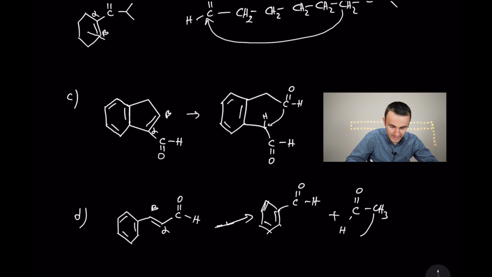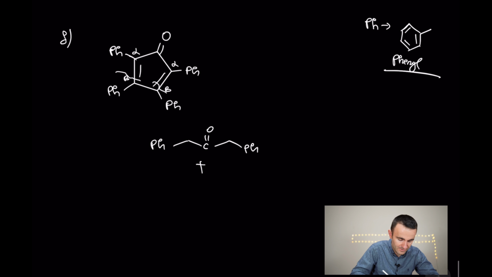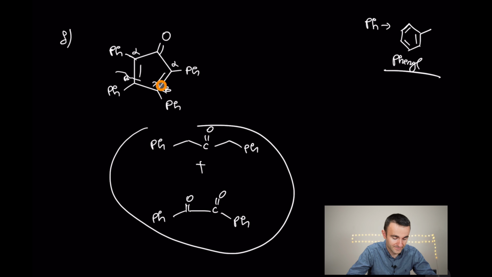It breaks here at beta, it breaks here at beta. So what is going to be? Phenyl, and after that, another carbon, and phenyl. Plus, what remains here on both sides. So those two react at the same time to give this product, but this is more complex. Okay.